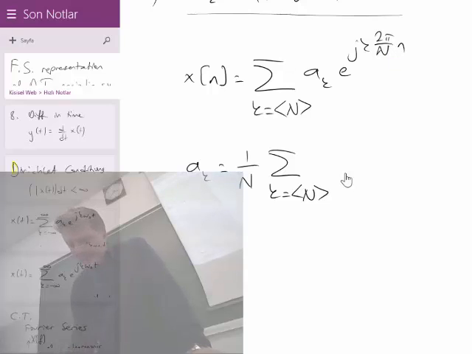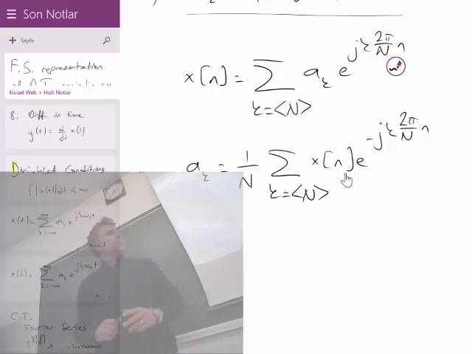The summation of x[n] times e^(minus jk(2 pi/N)n). Now you see the two formulas, the top one and the bottom one, are very similar to each other, and that's the property of Fourier.